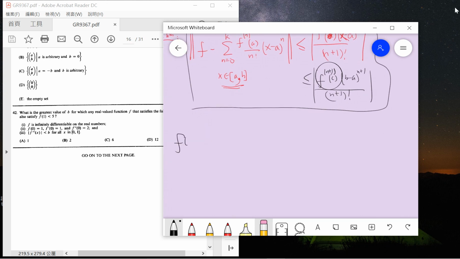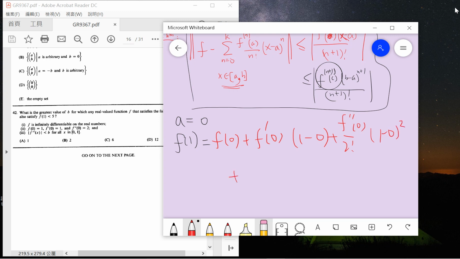So basically, we are trying to find f of 1. I choose a equals 0 and do the expansion at 0. So we have this, and this, and the second, right, and the third. Up to second is enough. Okay, so f of 1 minus this is 1, this is 1, and this is 1.